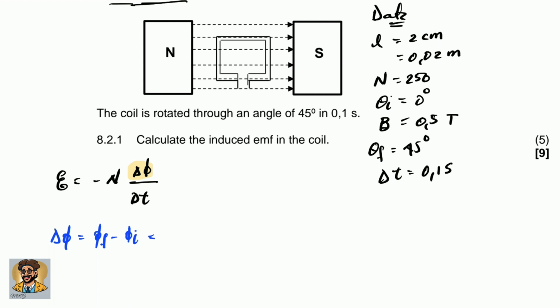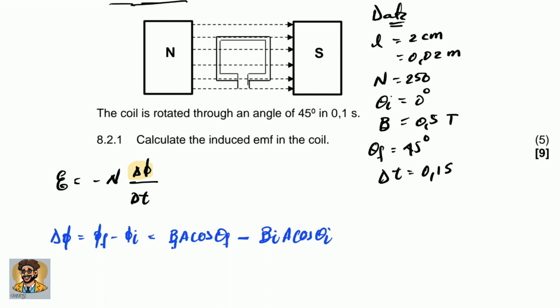Magnetic flux is the product of B times area multiplied by the cosine of theta. So it is B final A cosine of final theta, minus B initial A cosine of initial theta. B is constant because it's a uniform magnetic field.